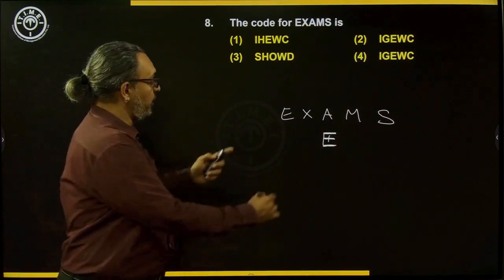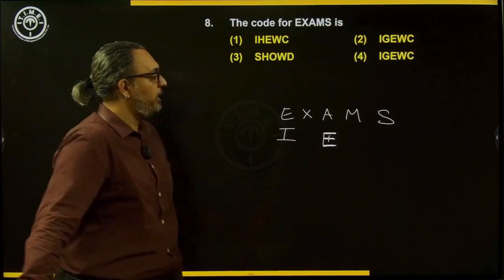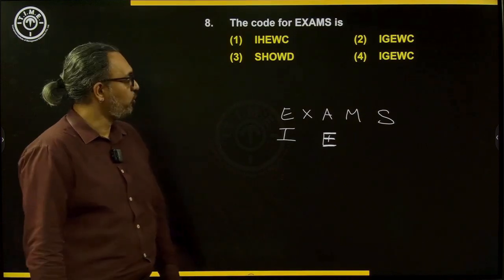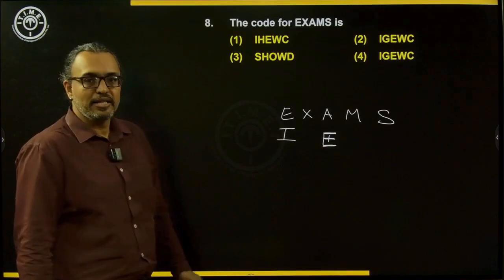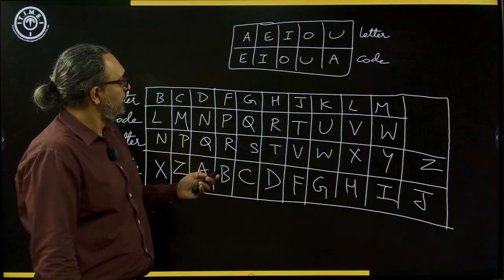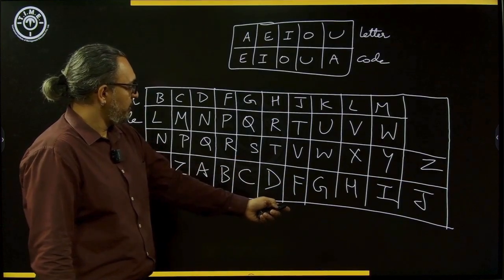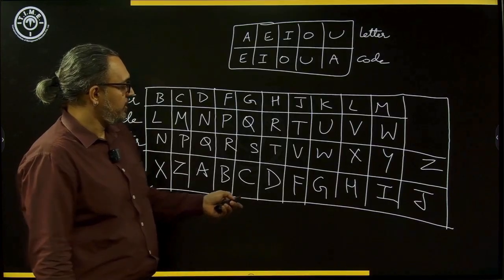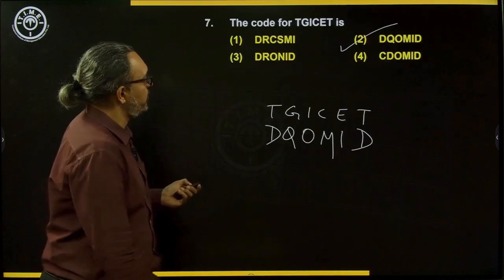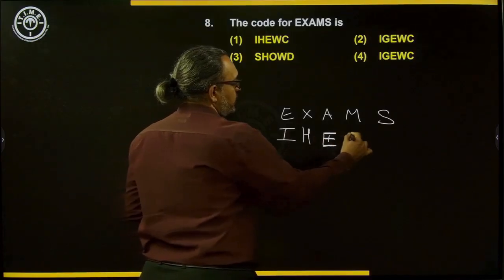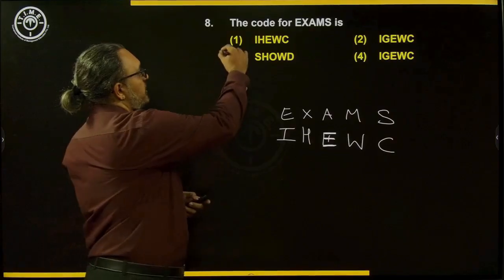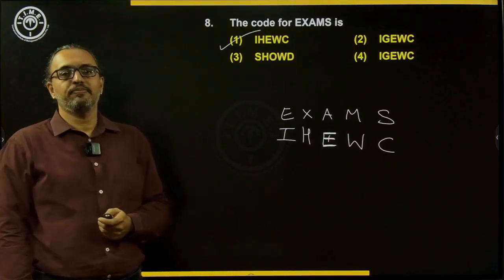Now for E you have I. So I and E is still available in 1, 2 and 4. Now we have X, M and S. X is H, M is W, S is C. So HWC. So IEHWC is available in the first option.